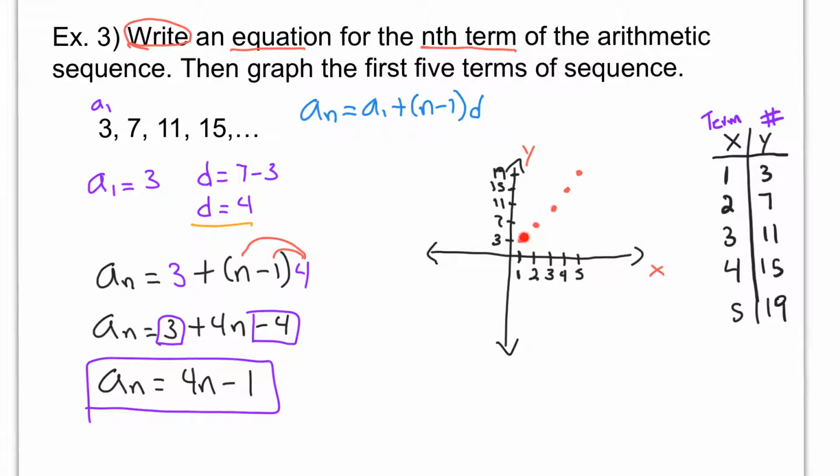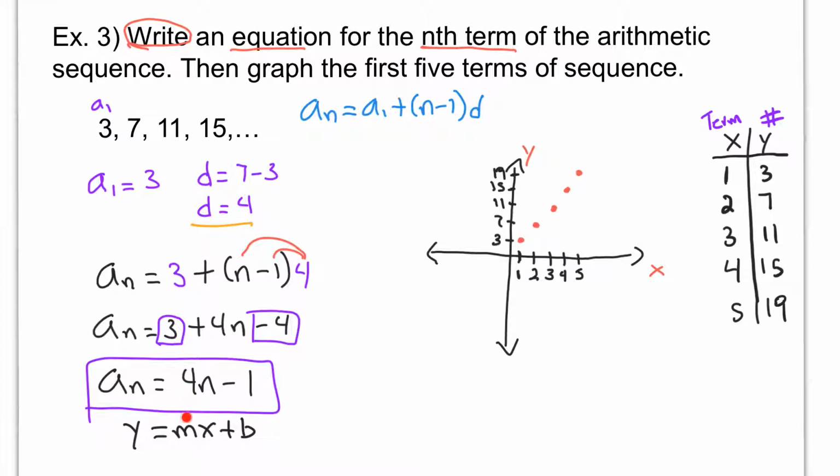You guys have a linear equation. And just to open your mind, this equation a sub n equals 4n minus 1 can actually be compared to y equals mx plus b.